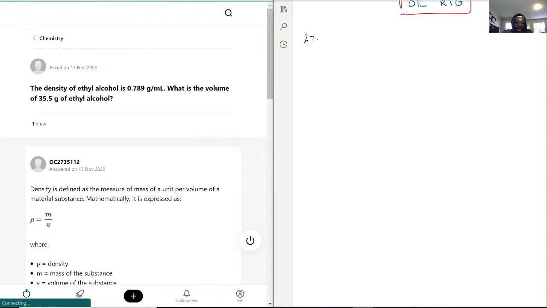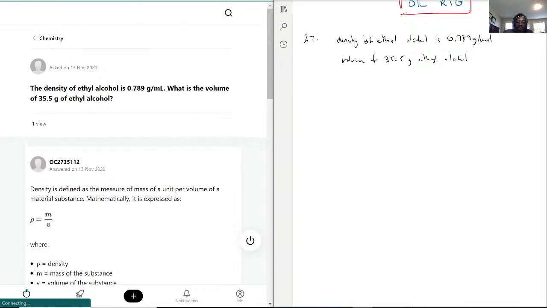So let me write the question down. Density of ethyl alcohol is 0.789 grams per milliliter. What is the volume of 35.5 grams of ethyl alcohol?